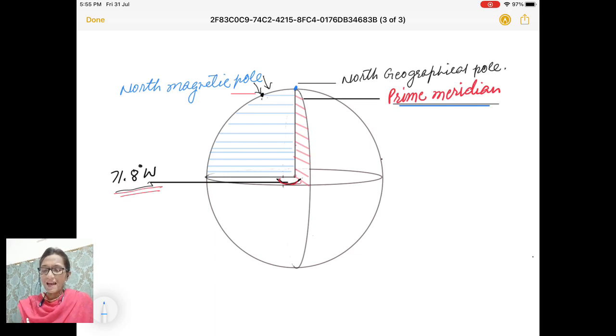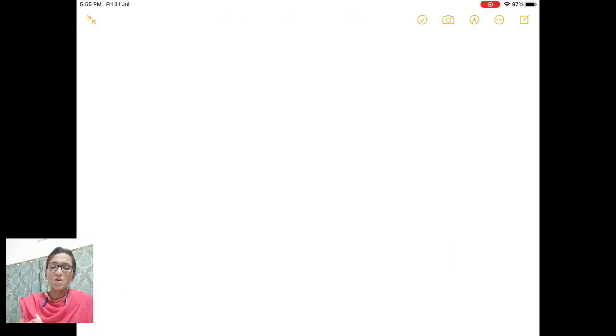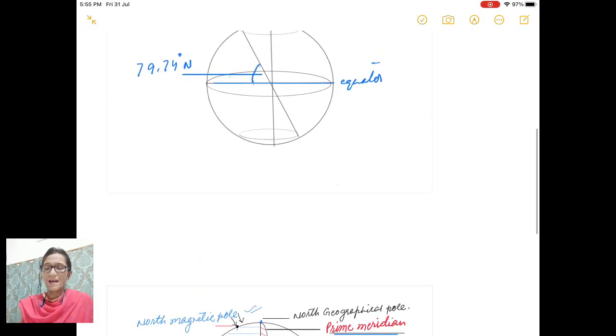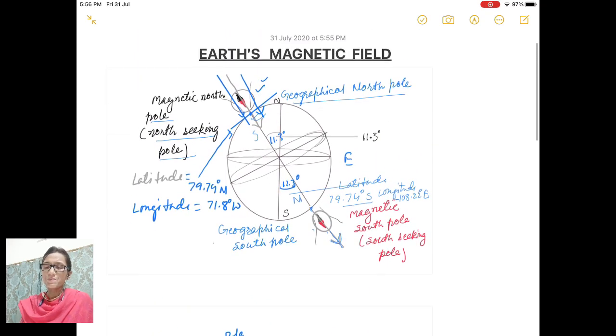If you find the angle between the two vertical circles, this angle will give you the longitude of this pole point, the north magnetic pole, and the longitude is given by 71.8 degree west. So this is how you will be finding longitude and latitude.